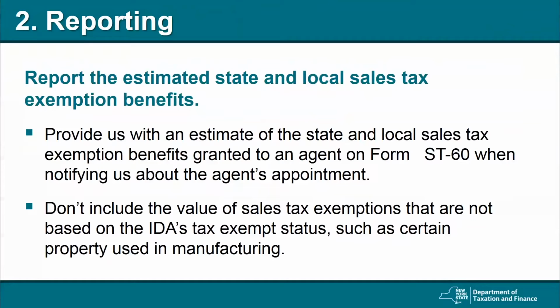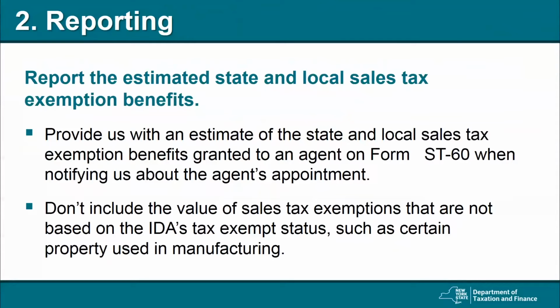And I'd just like to draw your attention to the second bullet on the screen, which is to only include essentially the value of sales tax exemptions that stem from the IDA's tax-exempt status. So IDAs and their agents get the sales tax exemption because they're instrumentalities of the state. But otherwise, there are many types of goods and services that are exempt to everybody from sales tax, to all taxpayers. Some common examples might be machinery and equipment, or supplies used in manufacturing property for sale.